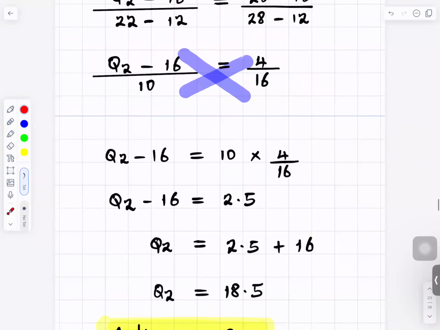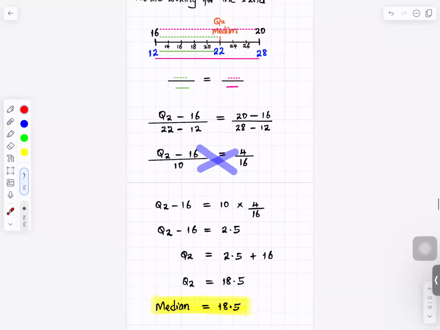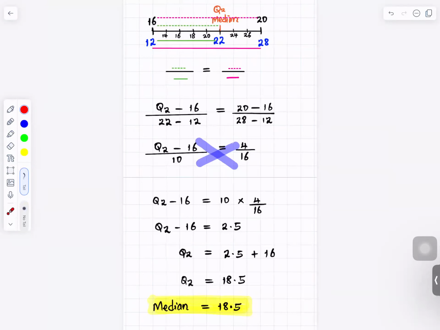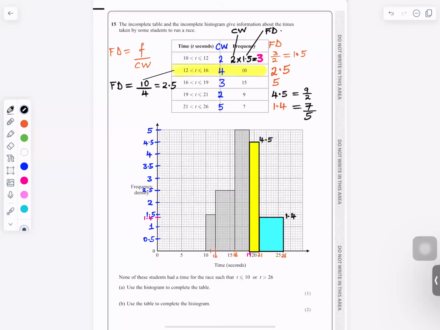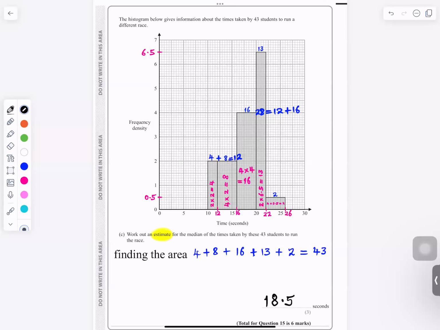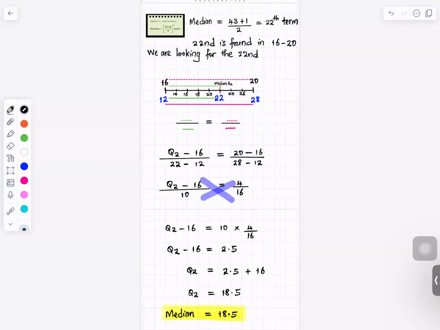And that would mean 10 times 4 over 16, which is 2.5. And 16 plus 2.5 gives you 18.5. So the median is at 18.5. That's 15 A and B, and 15 C. That's a complete working for 15 C.